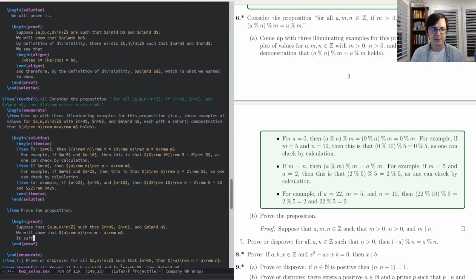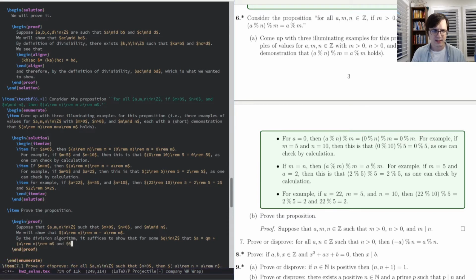So by the division algorithm, it suffices to show that for some q in Z, a equals q times m plus this thing, and 0 is less than or equal to that thing is less than m.